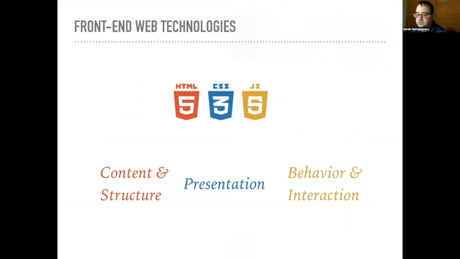And I just want you to understand what those things mean. Google it if you have to. Just be able to articulate what those things mean. HTML being content and structure, CSS being your presentation layer, and JavaScript being your behavior and interaction. And that's it. That's all you got to know is what are those things.